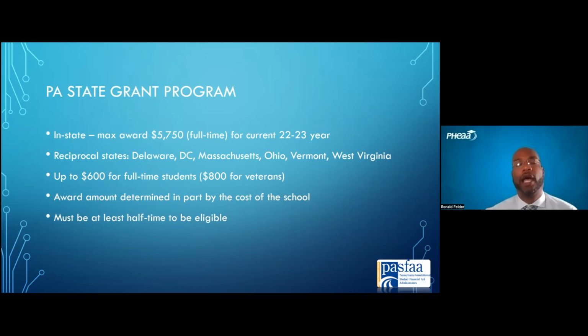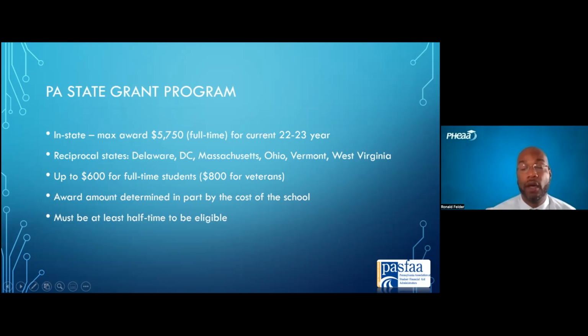Okay, so a lot of people want to know the numbers. So here is the number. The maximum amount of award for your PHEAA state grant this year is $5,750. Now, PHEAA awards based off a cost tier. So depending on how expensive your school's cost tier is this year, that is what your award is based on.